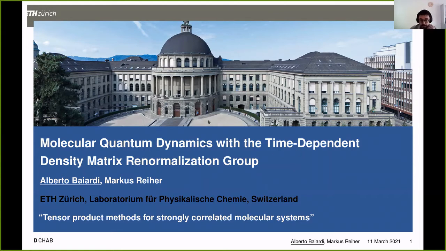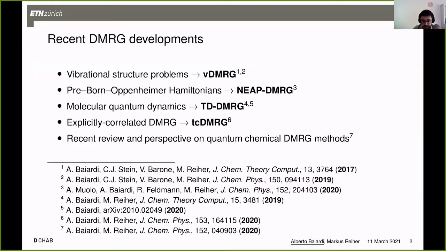The title is mostly focused on time-dependent DMRG, so molecular quantum dynamics, but I will start, let's say, taking a step back and also present some work we have been doing in connection to applying DMRG to vibrational structure problems, to the study of time-independent vibrational wave functions in molecules. And these are the first two DMRG variants that are listed here.